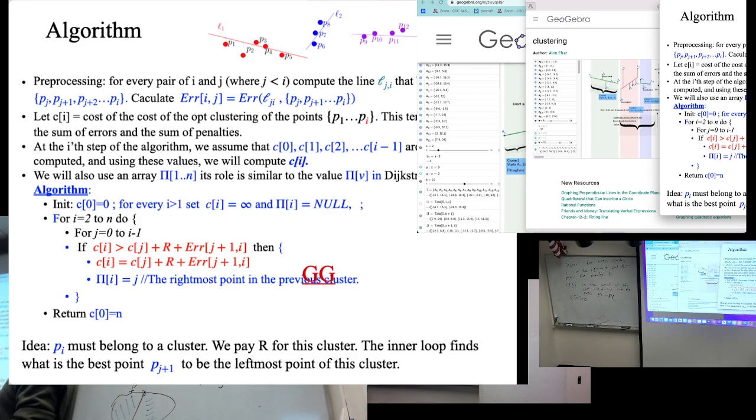So what is my assumption? I look at Ci and I'll assume that Pi, every time that I'm adding a new point, this point is the rightmost point of a cluster.